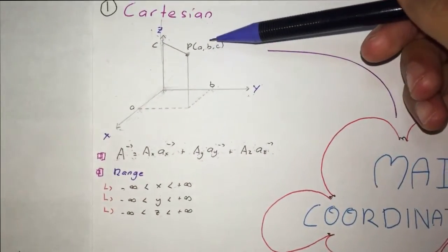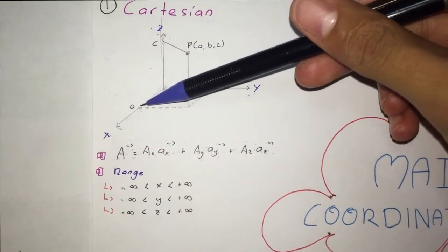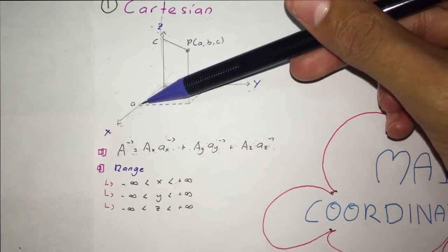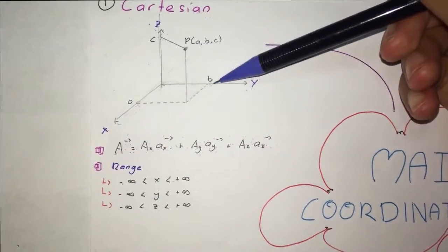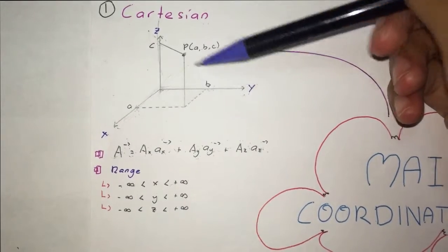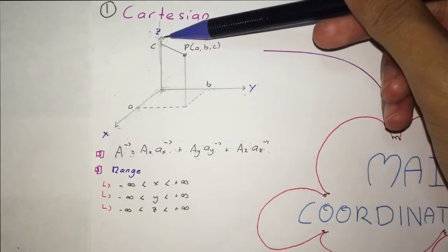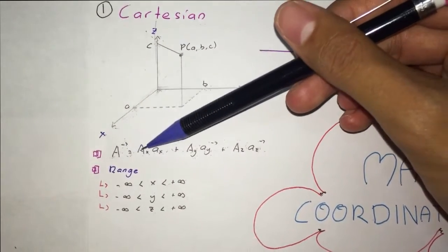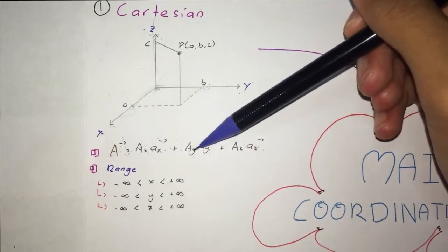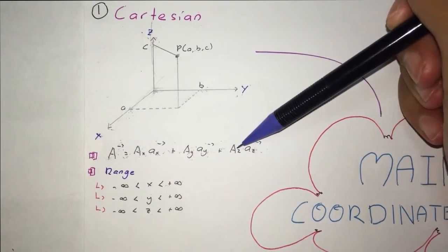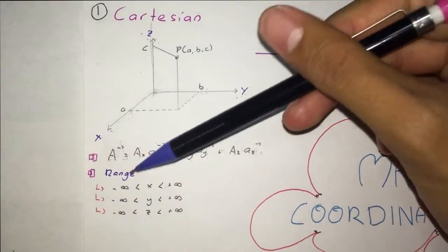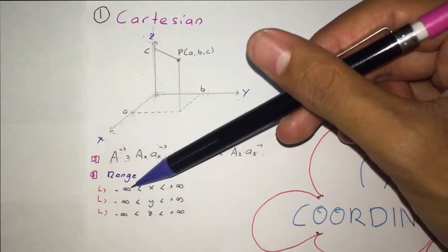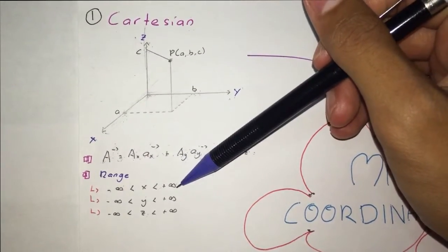For the first main coordinate system, which is Cartesian, we have 3 points. They are point A, point B, and point C. Point A is from origin to A, point B from origin to B, point C origin to C. The equation for the Cartesian is the vector A equal to AX vector X plus AY vector Y plus AZ vector Z. The range for X, Y and Z is from negative infinity to positive infinity.